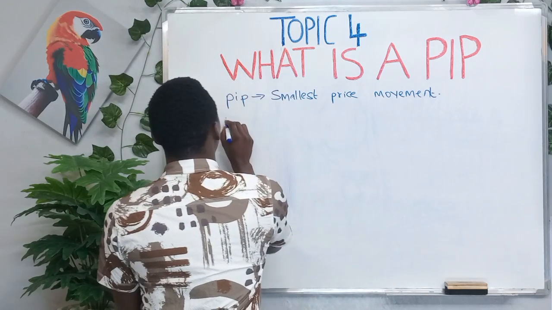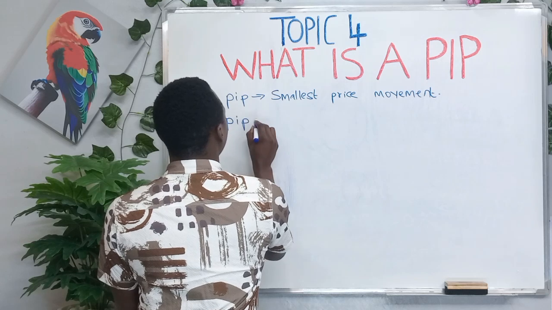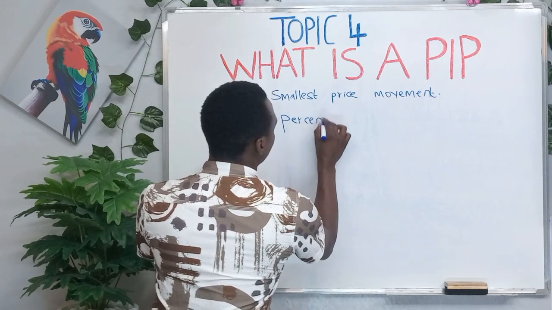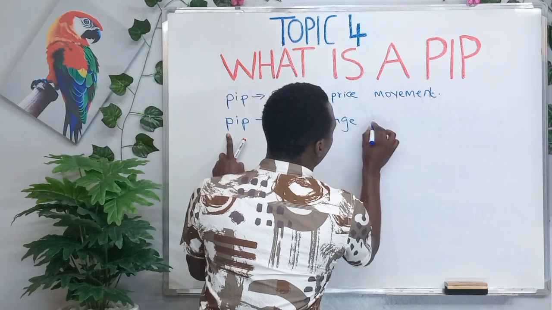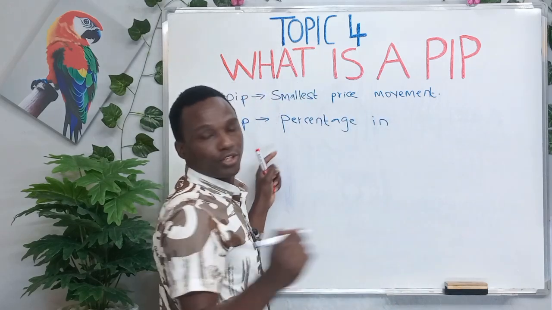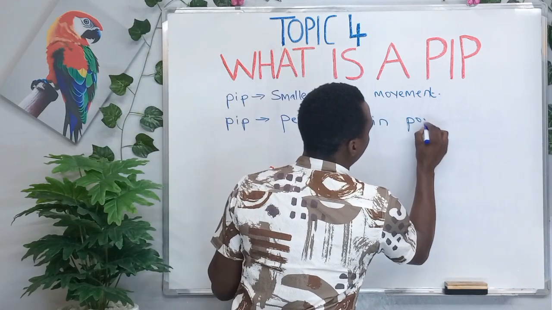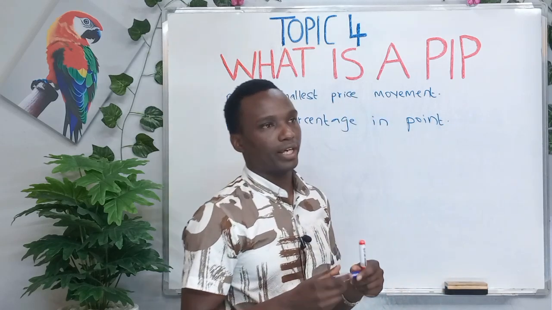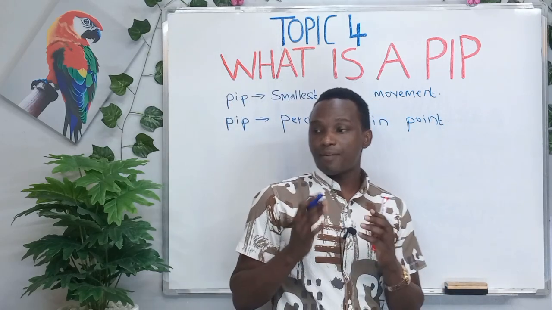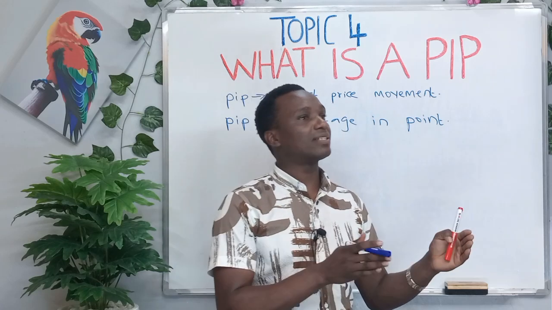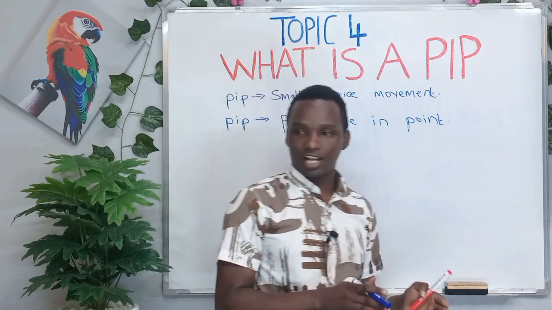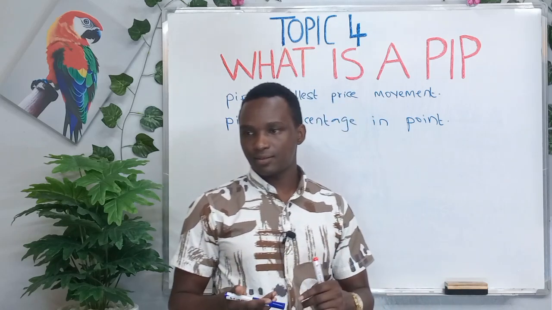So the word PIP stands for percentage in points. All right? Good. Percentage in points. Okay? So a pip also represents a measure of a change in value in a currency pair.